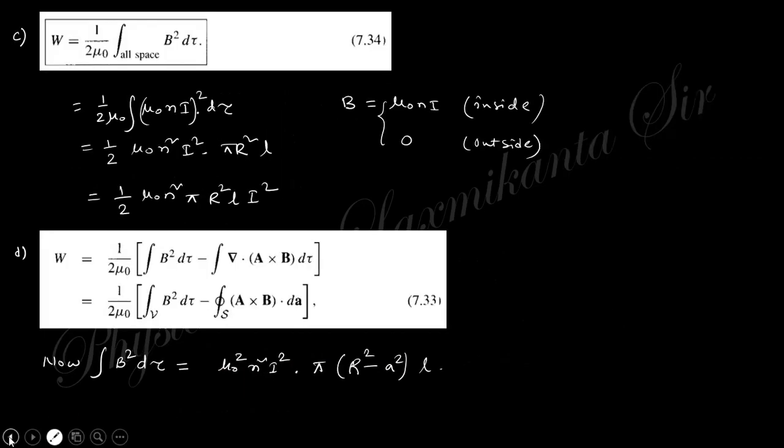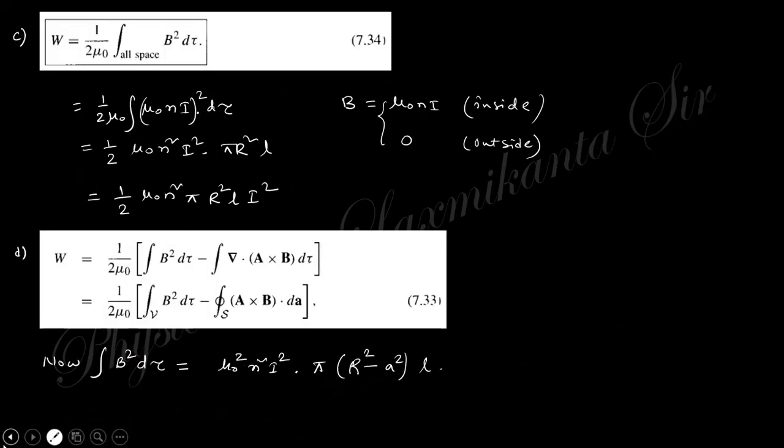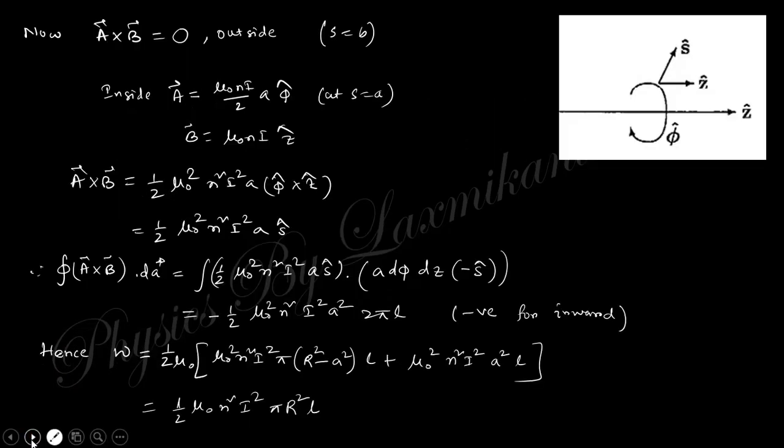Just add up these two things. This negative and this negative cancel out. That is why you will get the same thing in the four expressions. So we obtain the same expression for the energy stored within the solenoid from the four methods.